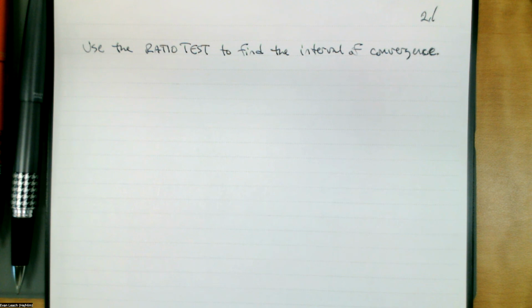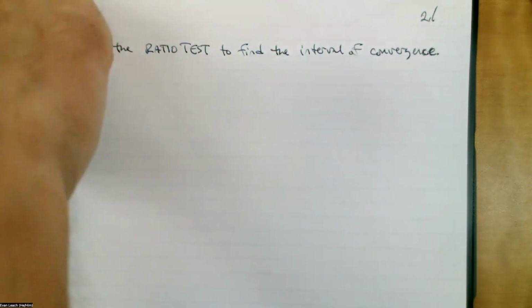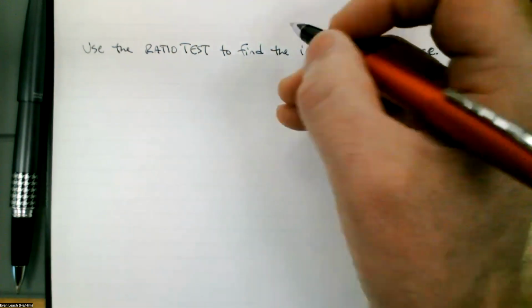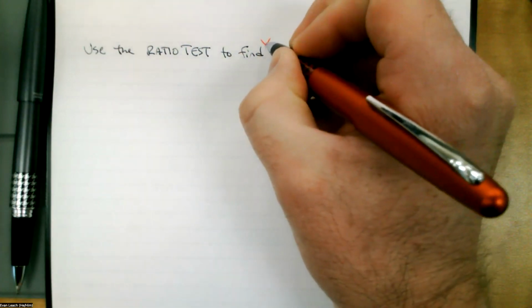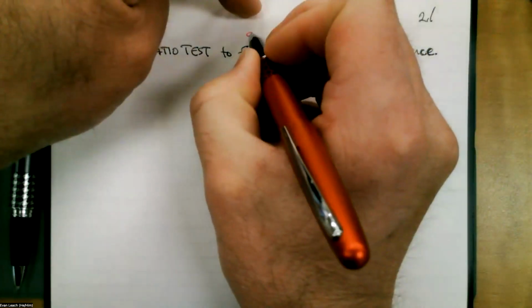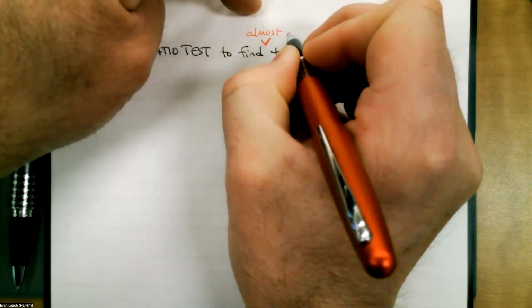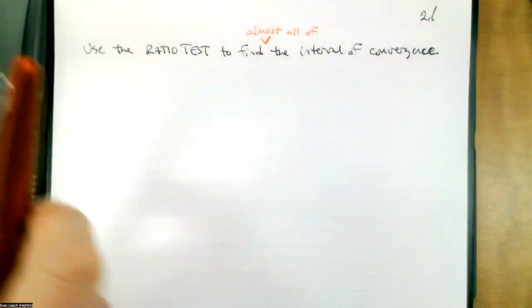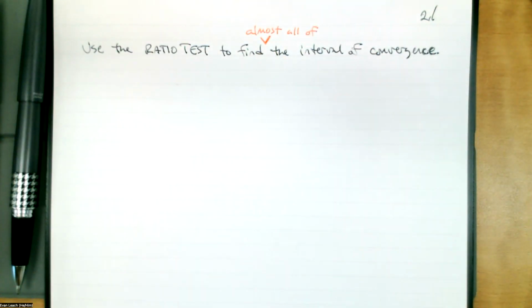We're actually going to use the ratio test to find most of the interval of convergence. Almost all of it.